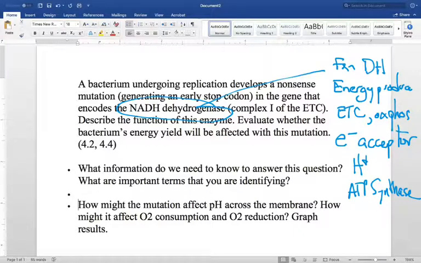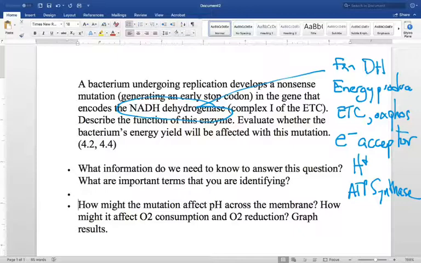Okay? So one of the things that I usually try to tell people is when they're approaching a problem like this and they go, I don't know where to begin. Start with what you know. This question really is asking you a couple of things, but these questions are hidden. One is, how does the electron transport chain work? And then the second part is, what happens when it's blocked? That's what evaluate means here.